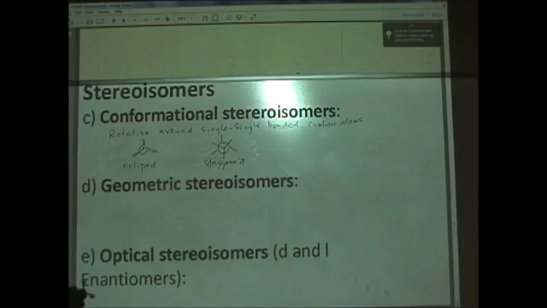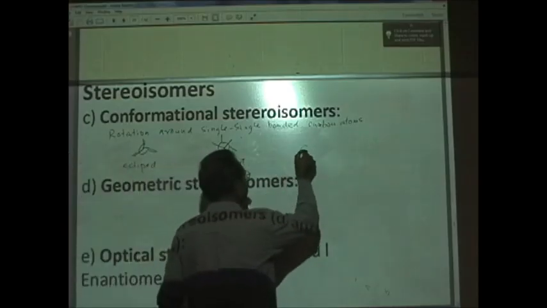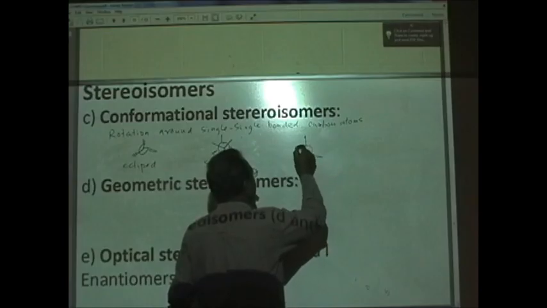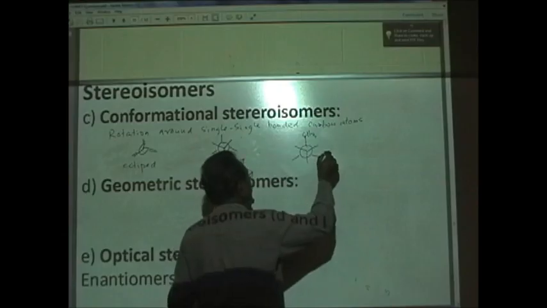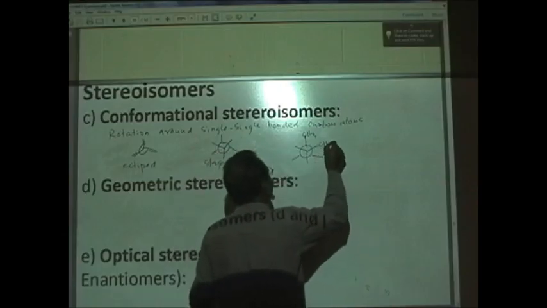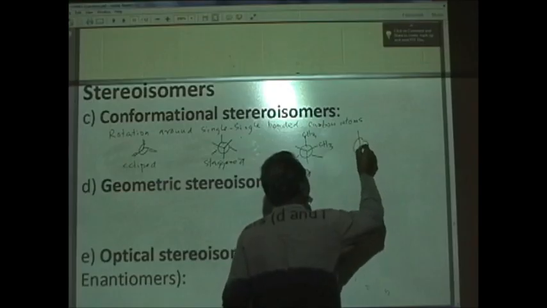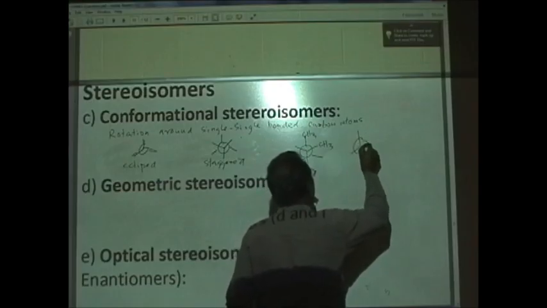Now, if you had two methyl groups, now you're going to have different conformations, right? Which one would be more stable? Let me draw this one. You can figure this out. That's a CH3 group. Rest is hydrogen. Okay, now this is another CH2 group. This is the staggered conformation, all right?